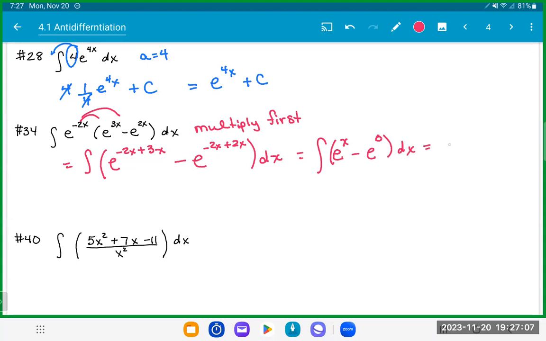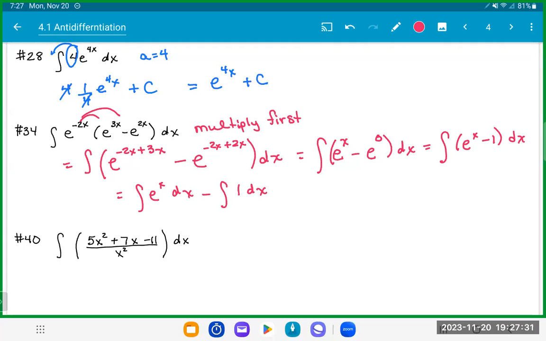So that is the same as the integral of e to the x minus 1 dx. So when I take the antiderivative, that is the antiderivative of e to the x dx minus the integral of 1 dx.